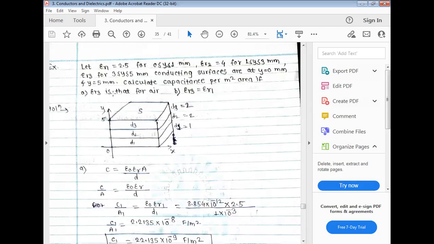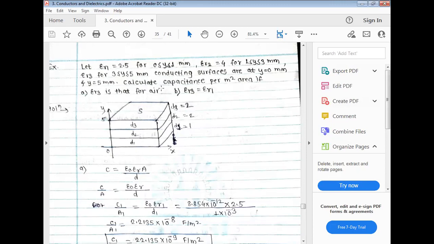Here the example is this one, and yesterday I explained this figure also. There are epsilon r1, epsilon r2, and epsilon r3. Only epsilon r1 and r2 are given, that is the relative permittivities, for region 1 and region 2, and for region 3 it is not given.